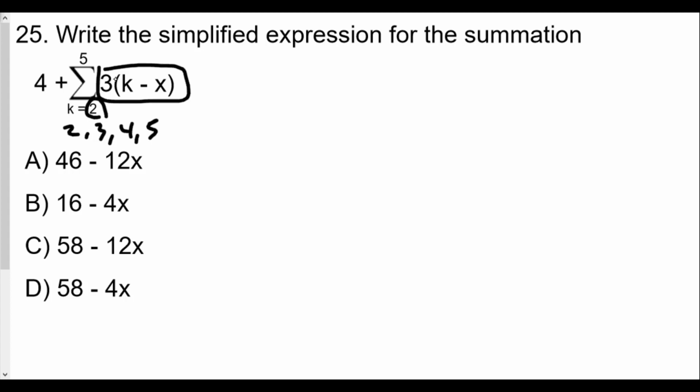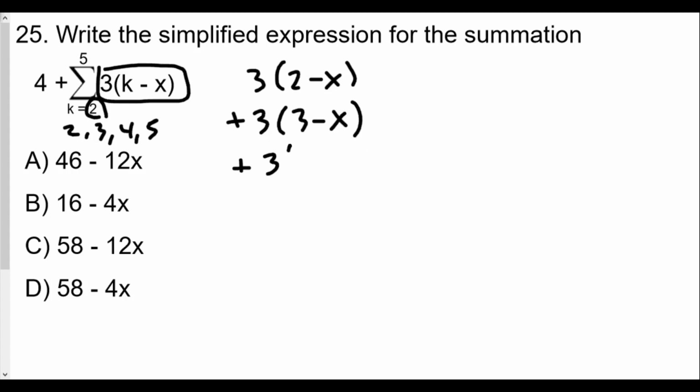So when k equals 2, we have 3 times 2 minus x. And then we add, plug in 3 for k, 3 times 3 minus x. Plug in 4 for k, 3 times 4 minus x. And finally, plug in 5 for k, 3 times 5 minus x.